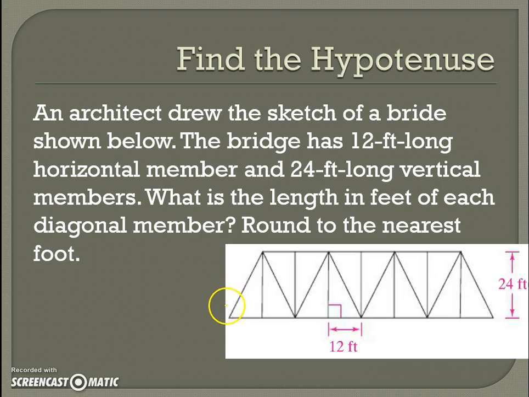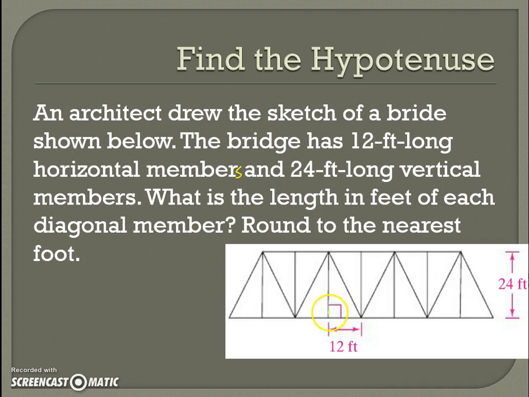Okay, here it says an architect drew the sketch of a bridge shown below. The bridge has 12-foot long horizontal members, should say members, that's plural, and 24-foot long vertical members. So this is just a fancy way of saying bars, or metal joists. So here, these are 12-foot long, and then this part right here is 24-foot long.